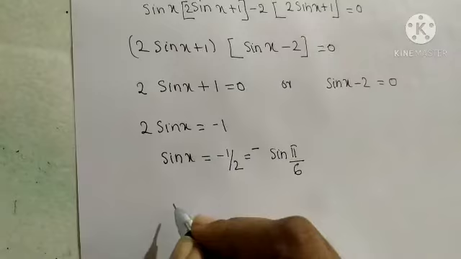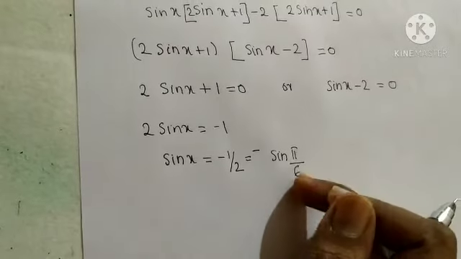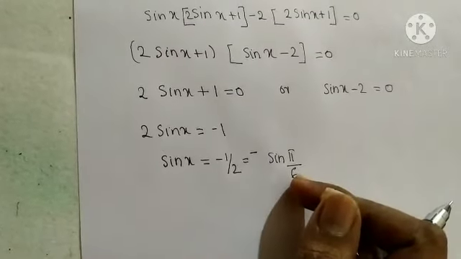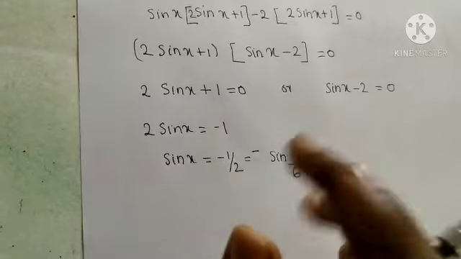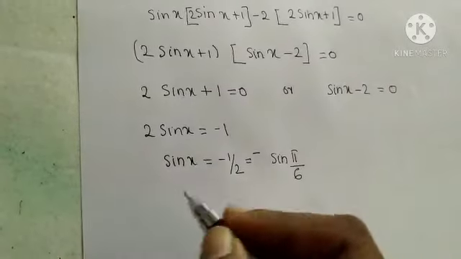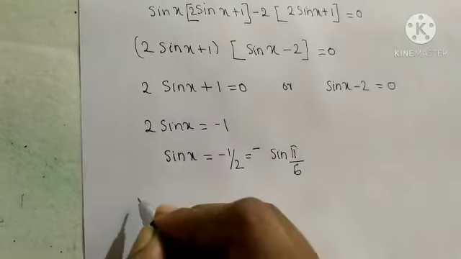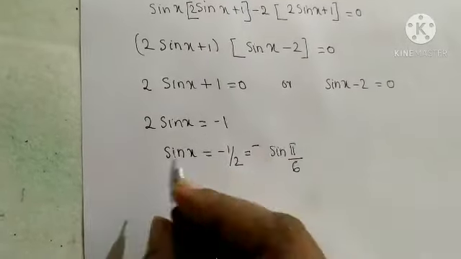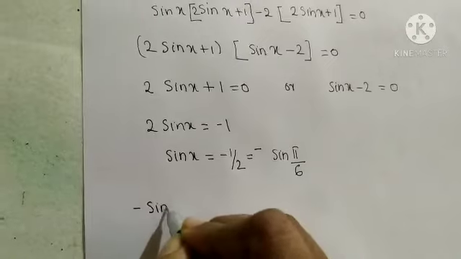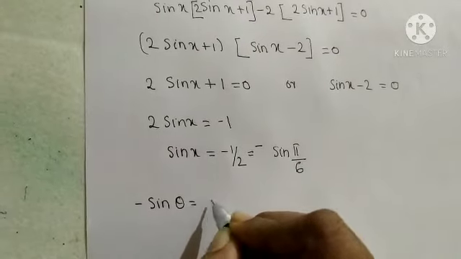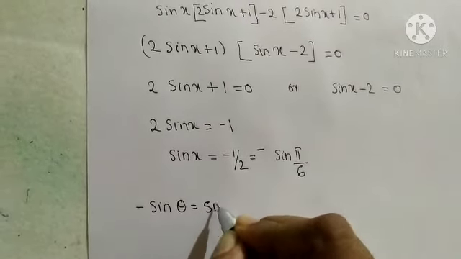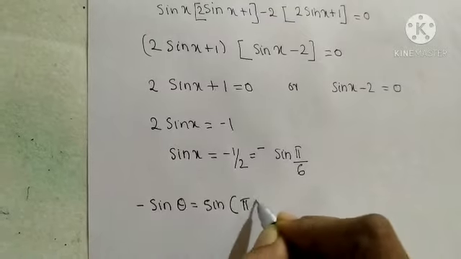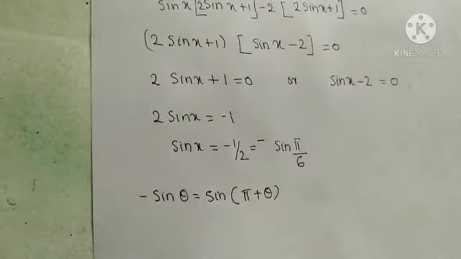And we know that a negative angle is not used in a general solution, so we need to make this negative angle a positive angle. We know that minus sin θ can also be written as sin(π plus θ).